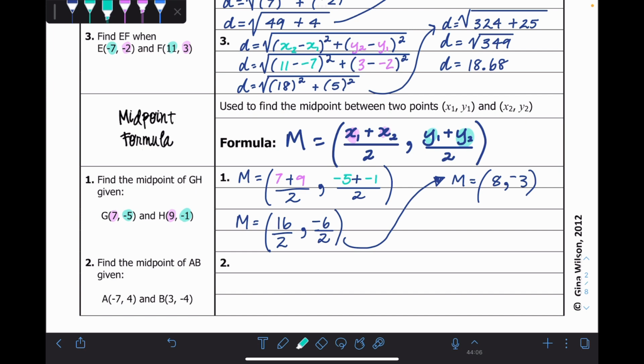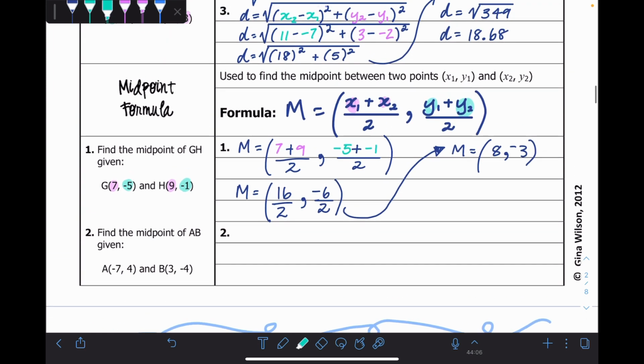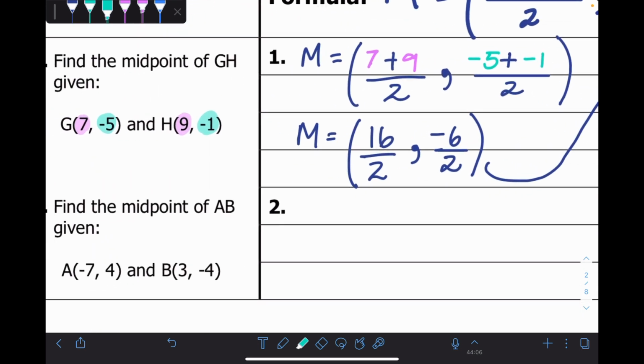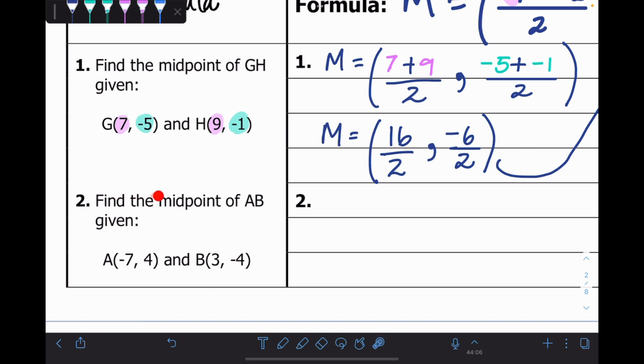One last example on this one. Find the midpoint of AB, given that A is the coordinate point at negative 7, 4, and B is the coordinate point at 3, negative 4.